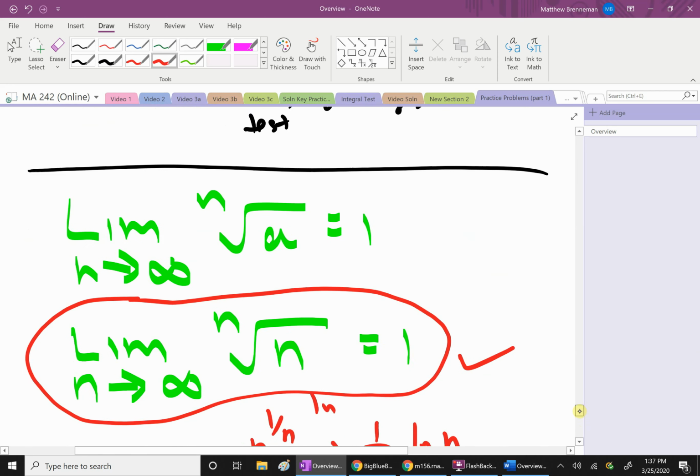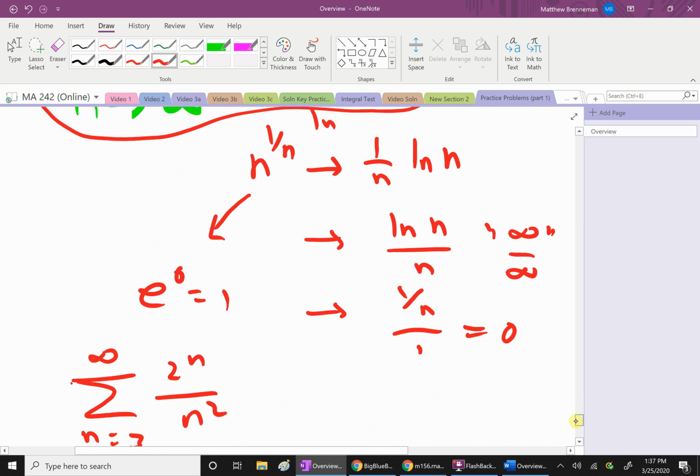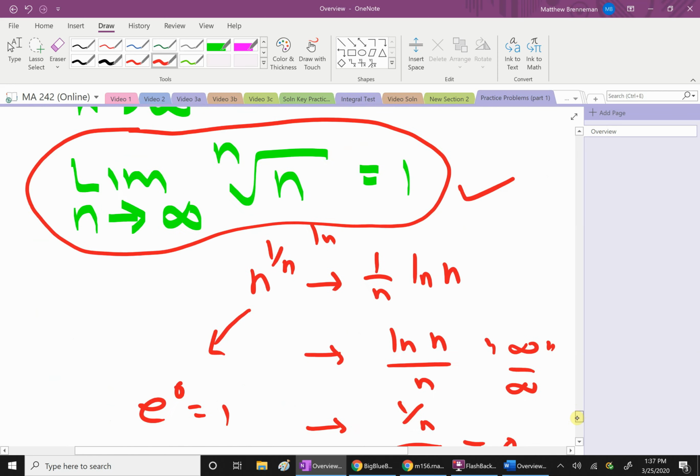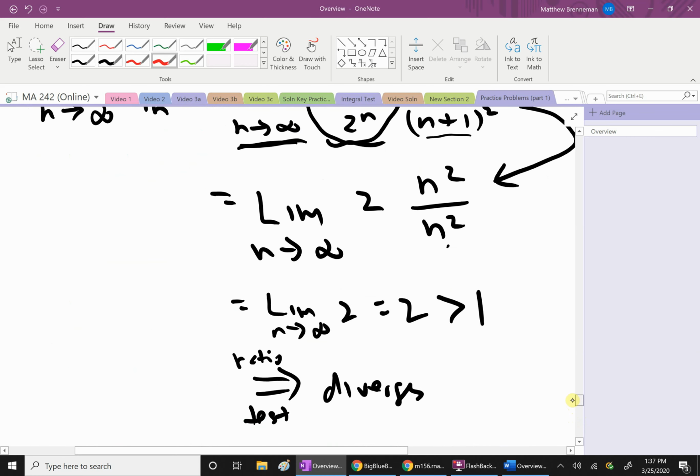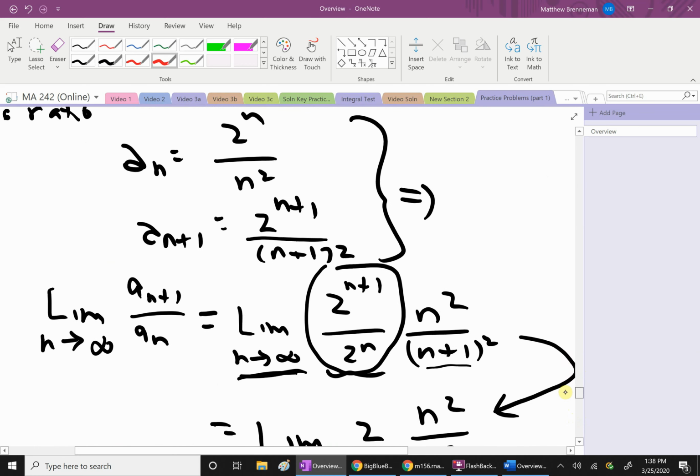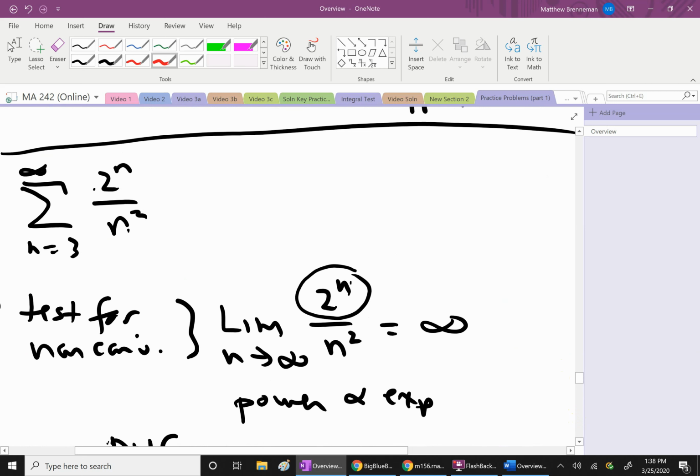Now, this points out a really good issue: very often there's more than one way of doing a problem. If I was a student doing this initially, I might try the root test because I see an exponential function. And I'm going to find out that it's not easy.